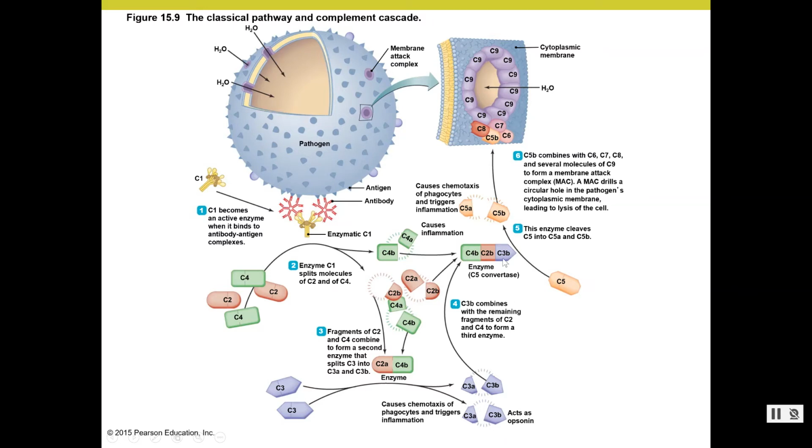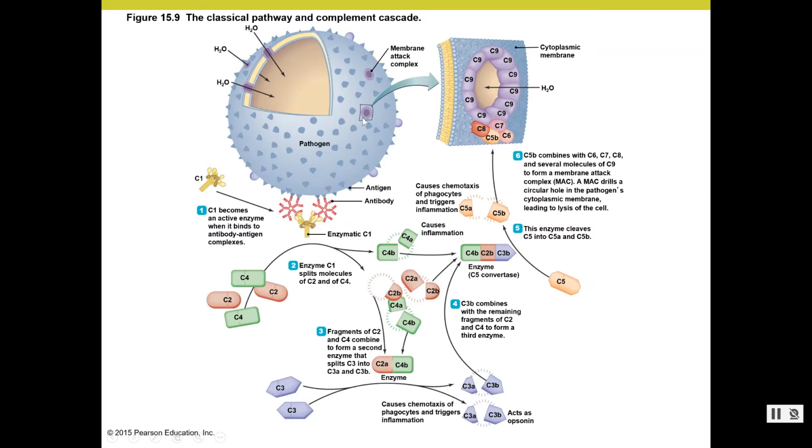The last thing this complement cascade does is some of these proteins will bind to the pathogen in a certain series, or a certain pattern, if you will. When they bind in this pattern, it ends up creating a hole in the cell membrane. And if you end up with a whole bunch of holes in your cell membrane, what's going to happen to your pathogen?